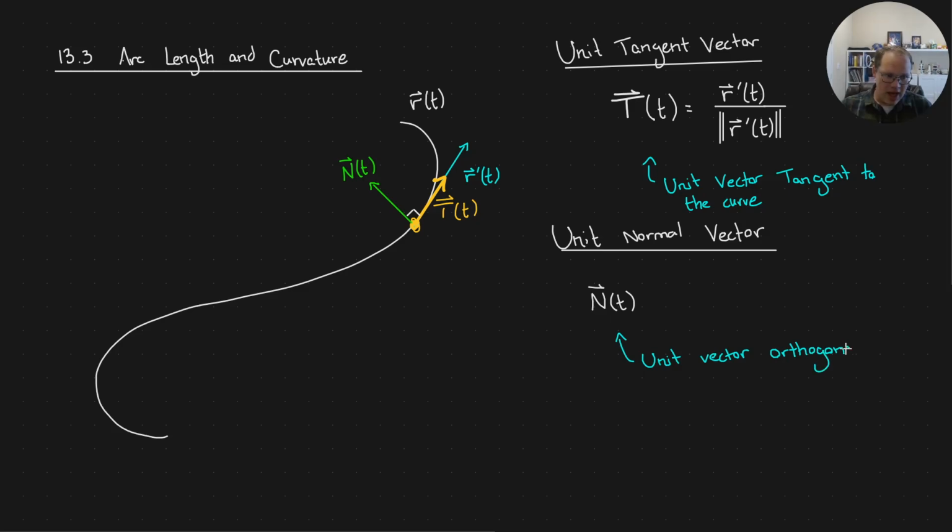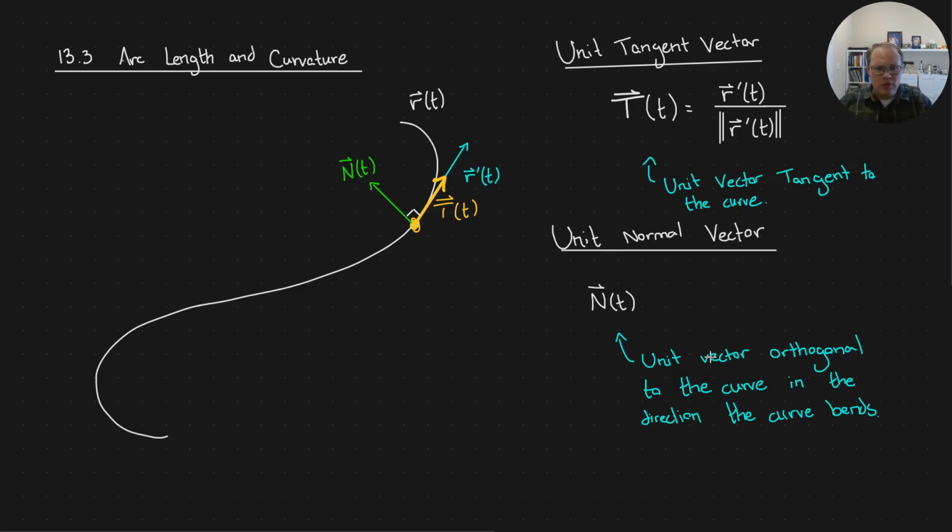But not just any vector orthogonal to the curve, a unit vector orthogonal to the curve in the direction the curve bends. Okay, we will think about a formula for this in a moment. It is just a little tricky to think about.